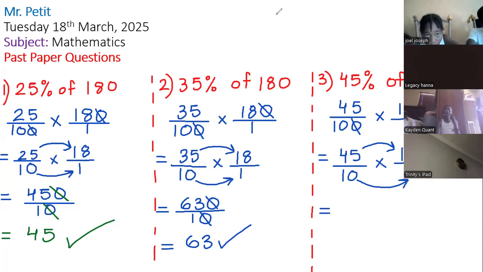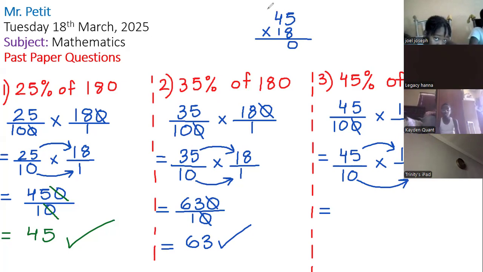So we're going to multiply 45. Kaden, how are we going to multiply 45 over 18? So you're going to multiply 45 times 18. So 8 times 5 is 40.